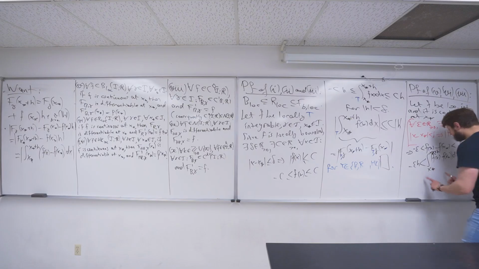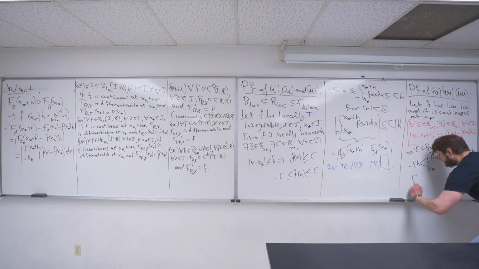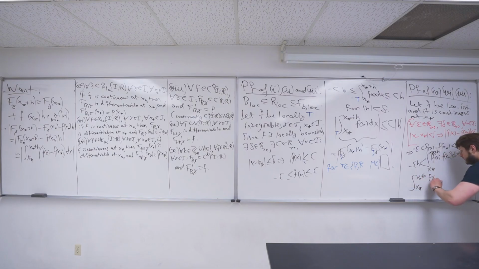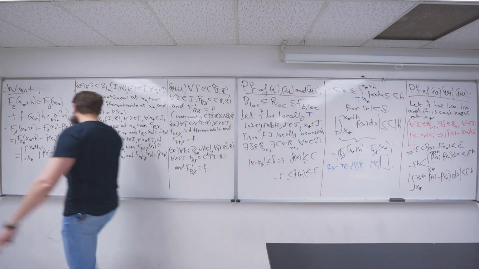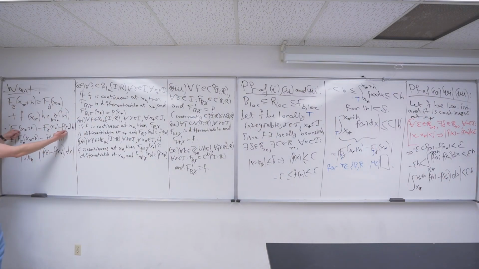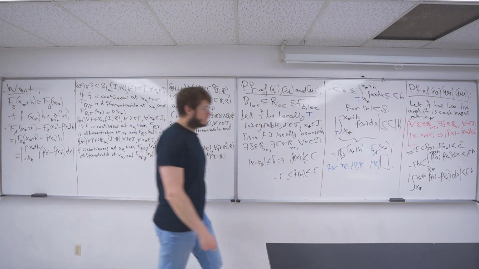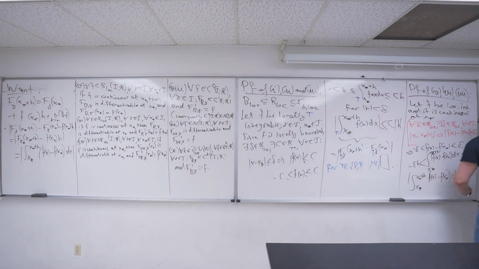Again, this means that this whole thing in absolute value is upper bounded by epsilon times h. Okay? But this is this, which is this, which is this. And that was something that I was trying to bound by epsilon times lowercase h. And therefore, that's the end of the proof.